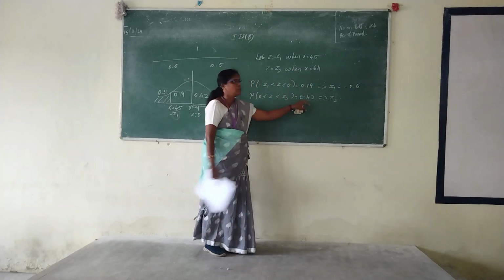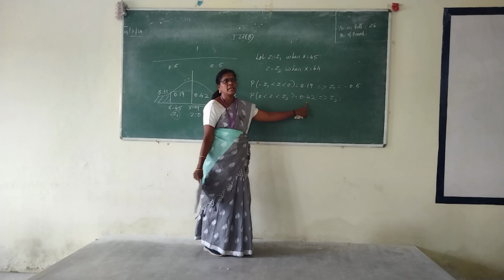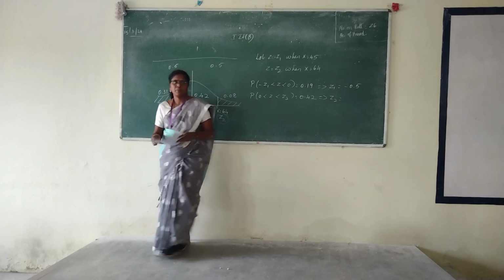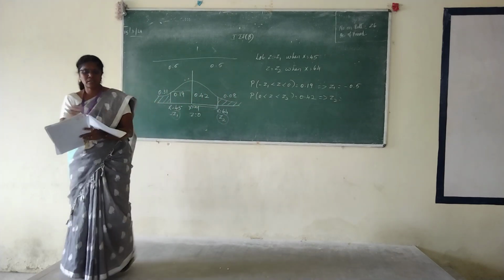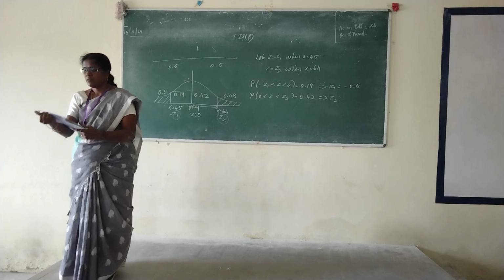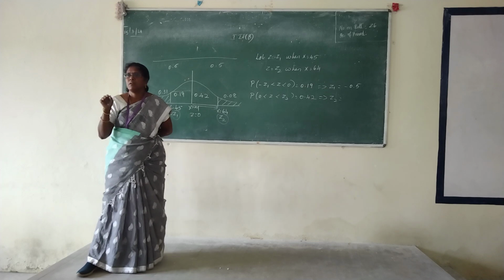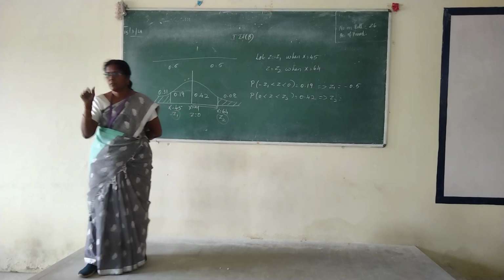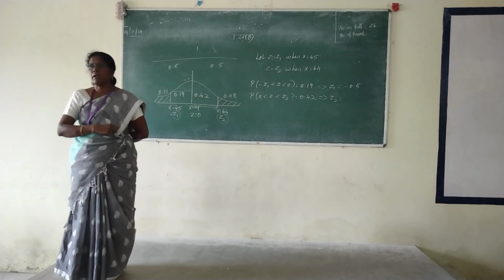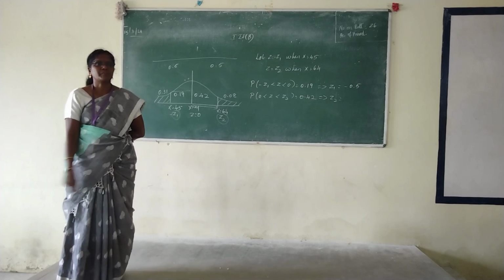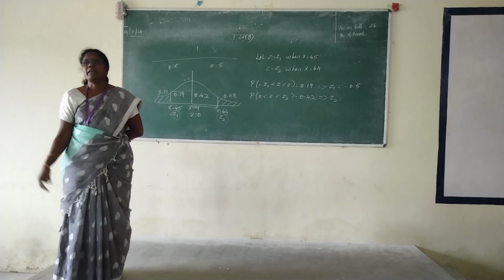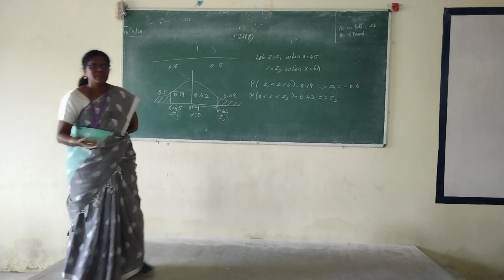Similarly, find z2. For z2, let us search the area value 0.42. Search where 0.42 starts. 1.41. Others? 1.42. Why different? 1.4.